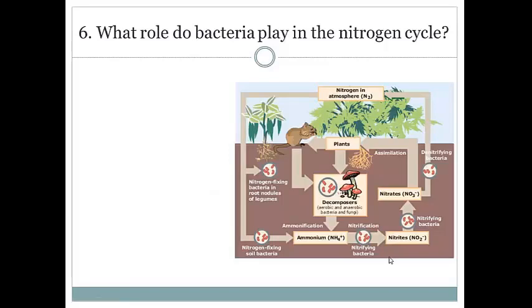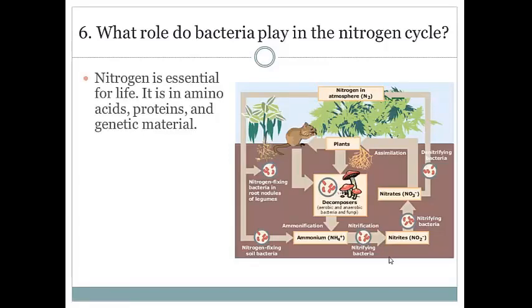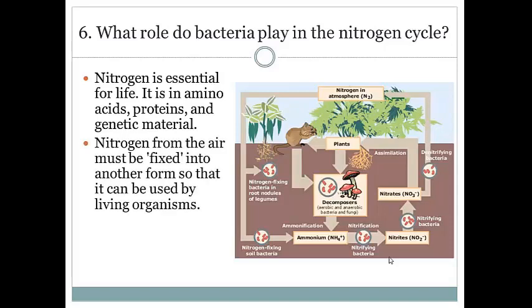So what role do bacteria play in the nitrogen cycle? Nitrogen is essential for life. It's in amino acids, it's in proteins, it's in DNA, genetic material, so it is an important element. Nitrogen is available in the air. The air is roughly 70% nitrogen, but it must be fixed into another form so that it can be used by living organisms.